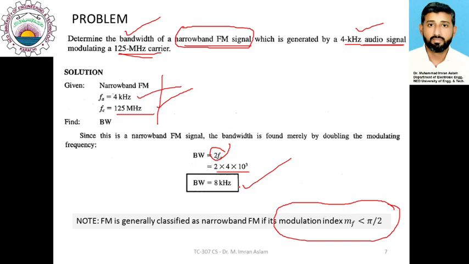So practically all those FM cases where the modulation index is less than pi by 2, the value of which comes out to be around 1.57, are considered narrowband FM. This is a common implementation or design consideration. If we want to have a narrowband FM, we generally try to keep the modulation index below this limit of pi by 2.